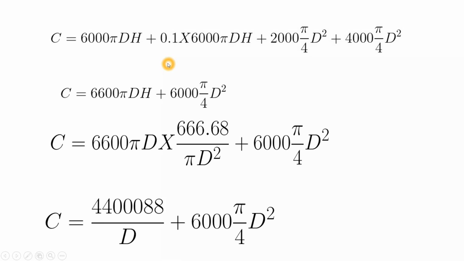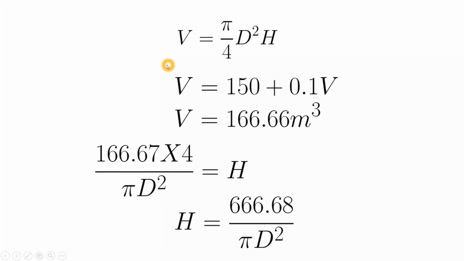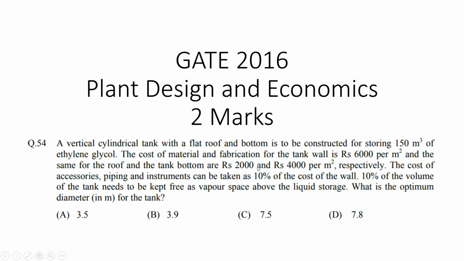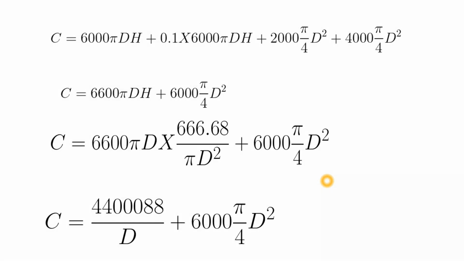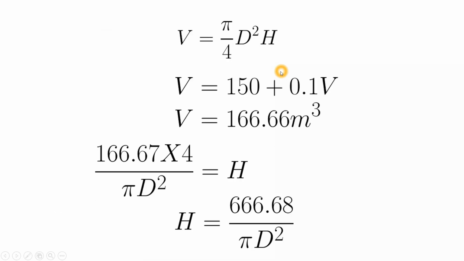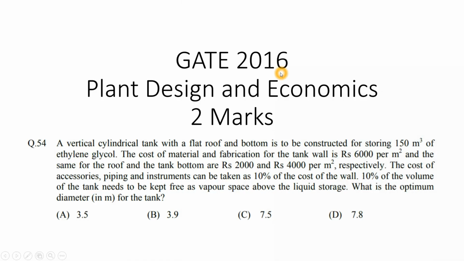Plus, now they have given one more thing. They have given the 10%. The cost of the accessories, piping and instruments can be taken as 10% of the cost of the wall. 10% of the cost of the wall. Remember this. So I will add 10% more in this, 10% of this, right? Plus, they have given for roof and bottom prices.